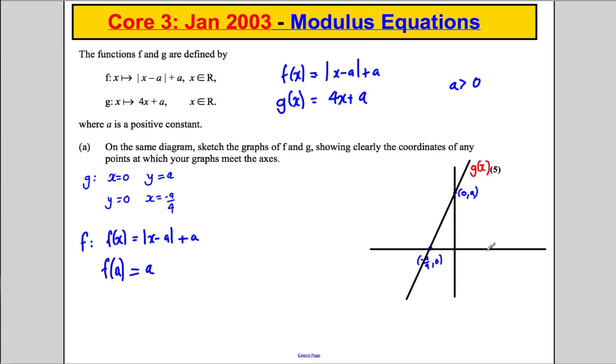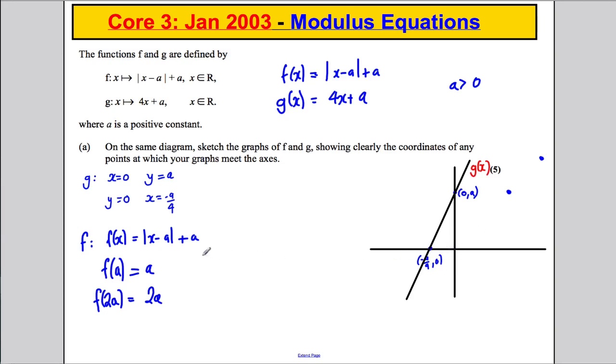So a across and a up. I know that for a fact. What I might then do is also substitute something like 2a in there. So f of 2a, if I put 2a in there, 2a subtract a is a, mod a is a, and I get 2a back. So I know it goes through the point 2a, 2a, like that.